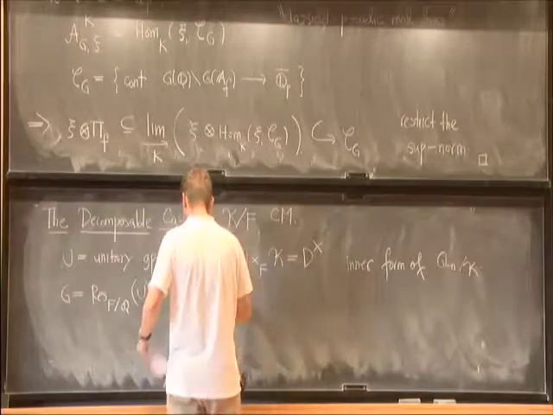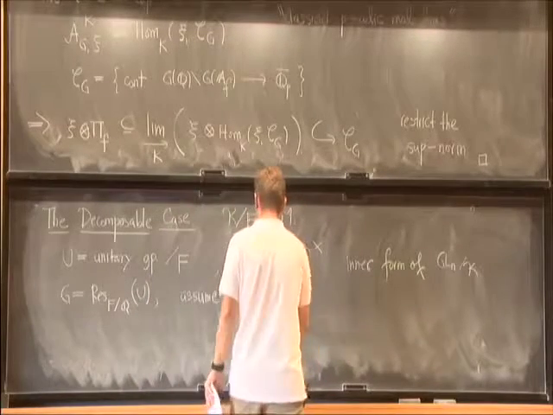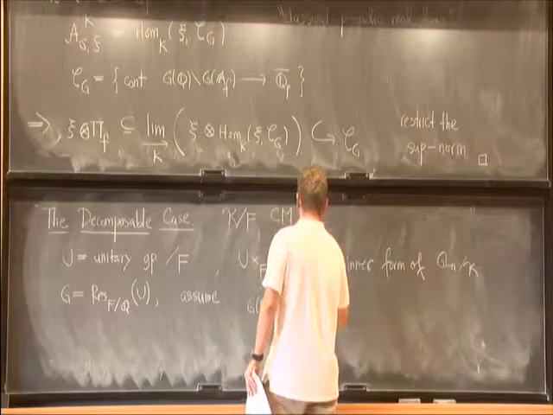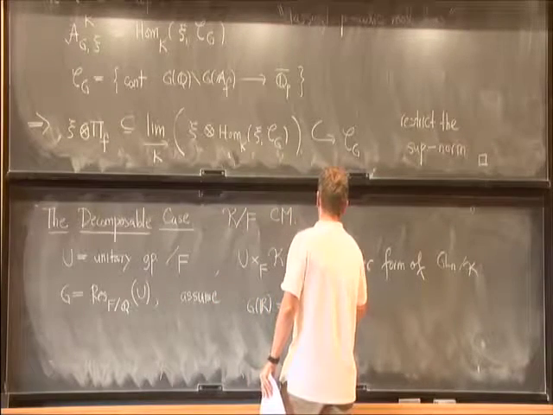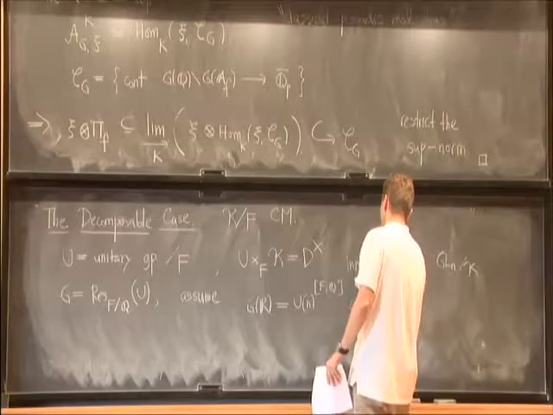Okay? So you assume that G of R is compact.